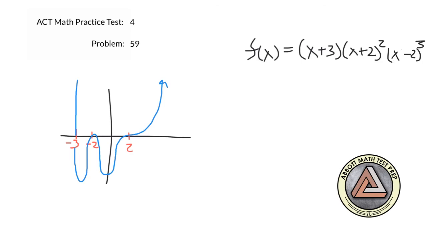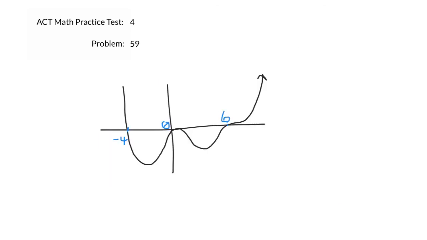Now, I'm going to draw the graph from the actual problem. So here's the graph from the actual problem, to the best of my ability. Well, first of all, we know that there's three zeros. There's a zero at -4, a zero at 0, and a zero at 6. So I'm actually just going to use y instead of the function notation here.